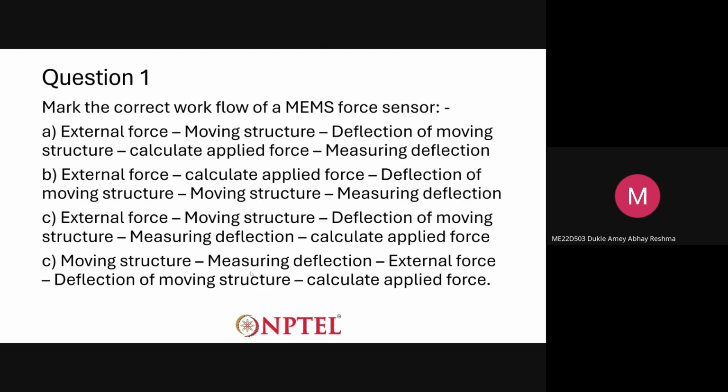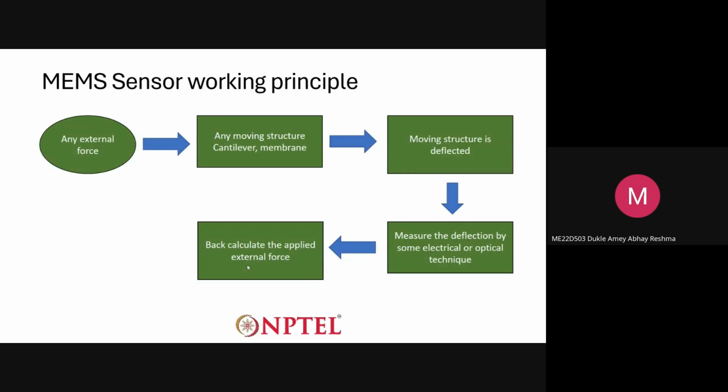Option B is external force, calculate the applied force, deflection of the moving structure, measurement of deflection. Option C is external force, moving structure, deflection of the moving structure, measuring the deflection and calculating the applied force. Option D is moving structure, measuring deflection, external force, deflection of the moving structure, calculating the applied force.